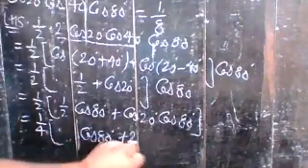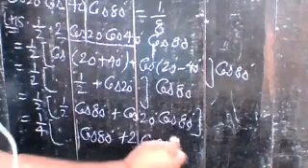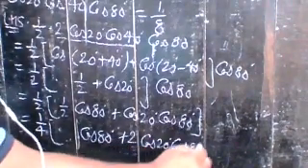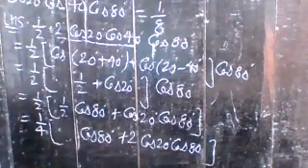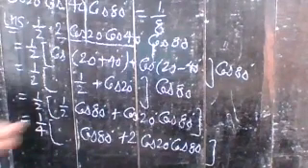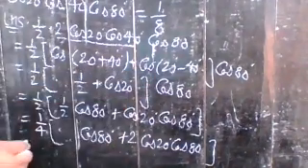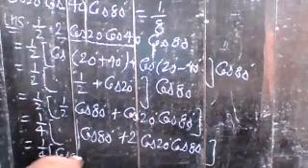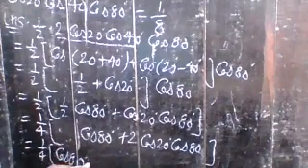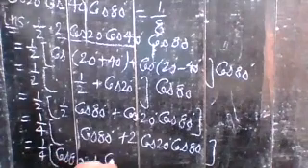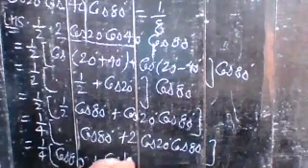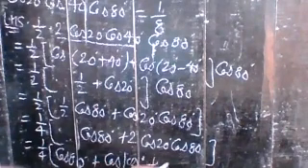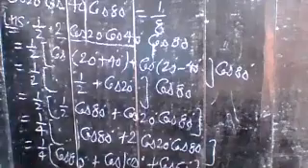And here you have 2 cos 20 degree cos 80 degree, and then applying the identity, 1 by 4 cos 80 degree plus cos (A plus B), which means cos 100 degree, plus cos (A minus B), cos 60 degree.